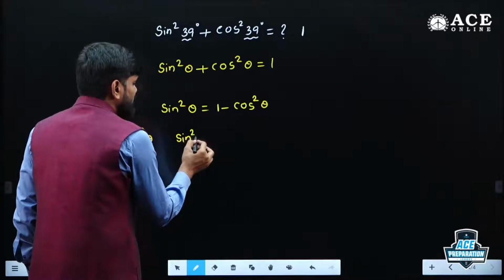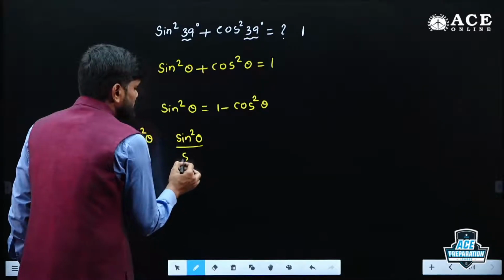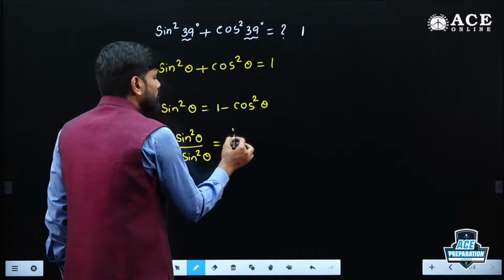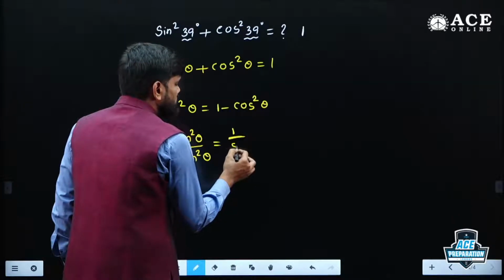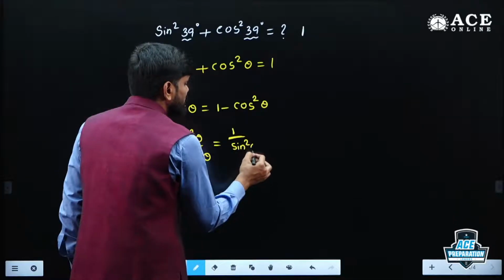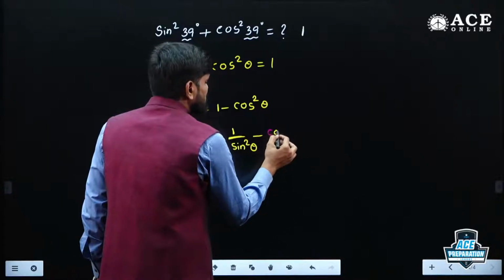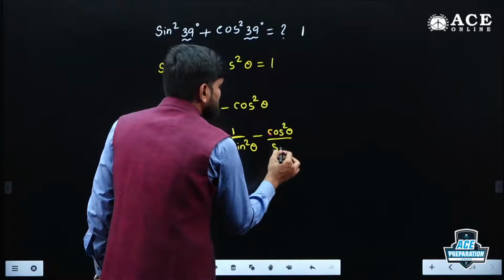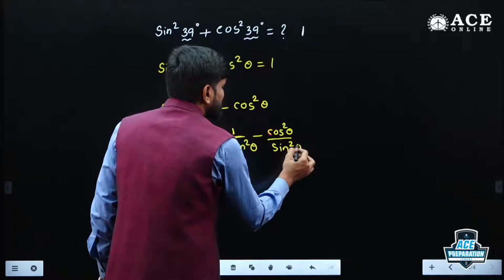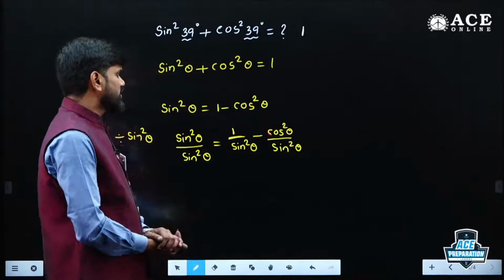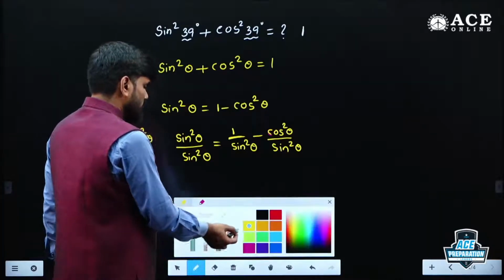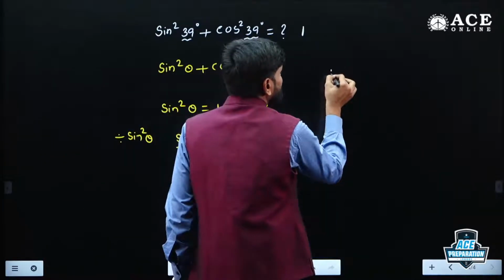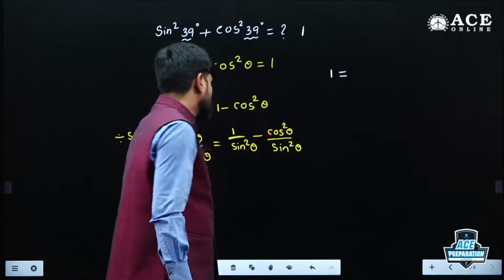So sin square theta by sin square theta is equal to 1 by sin square theta minus cos square theta by sin square theta. As we have learned just now, we know that sin square theta by sin square theta is 1 anyway. So 1 is equal to, this gives you what?